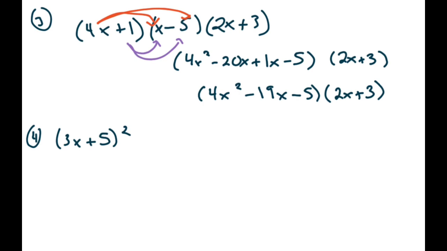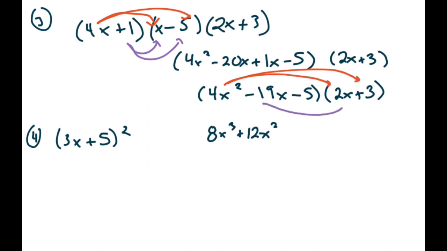So now I need to distribute the 4x squared to both terms, which would give me 8x cubed plus 12x squared.